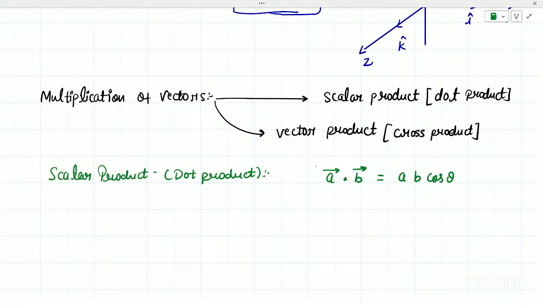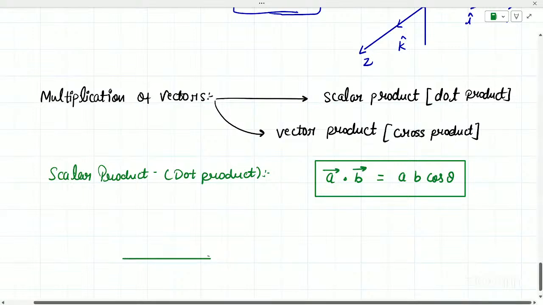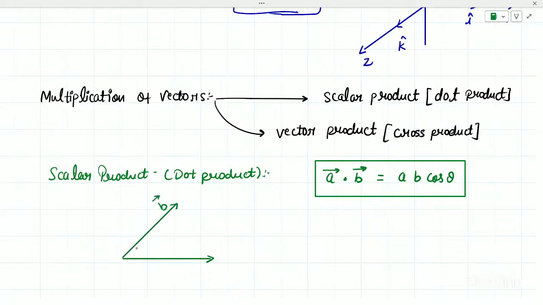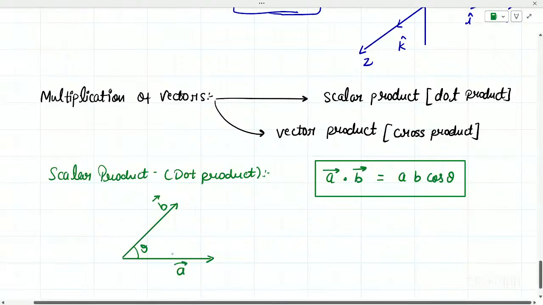Got it? This is the mathematical representation of the dot product. Now, suppose we have a vector A in this direction, and this is vector B in this direction, and the angle between them is theta. So A dot B is nothing but AB cos theta.